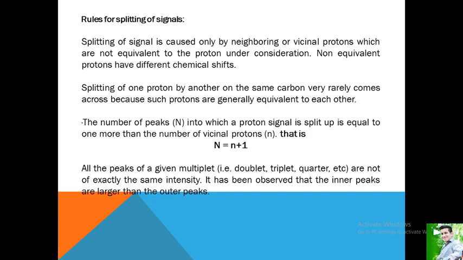So here are some rules for the splitting of the signals. The splitting of the signal is caused only by the neighboring or vicinal protons, which may not be equivalent to the proton under consideration. Non-equivalent protons have a different chemical shift.